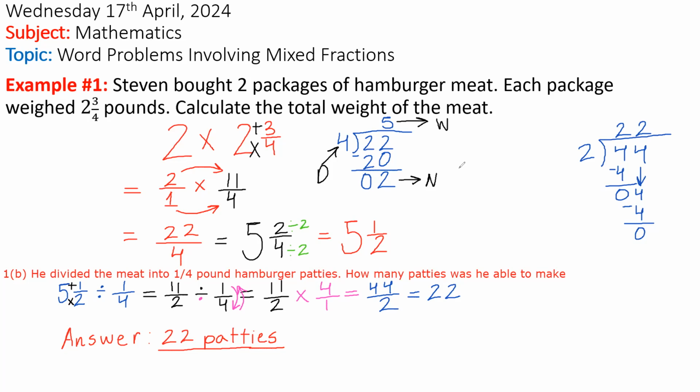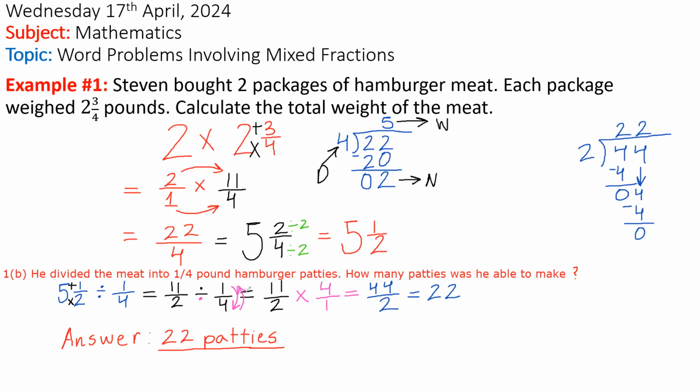So what we did was we divided by 5.5, because 5 and a half is what we got for number 1. So when we divided, we got 11 over 2, which is an improper fraction. We divided by 1 over 4.